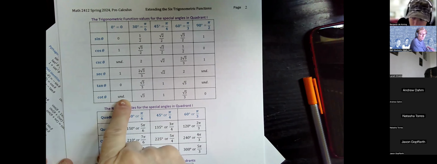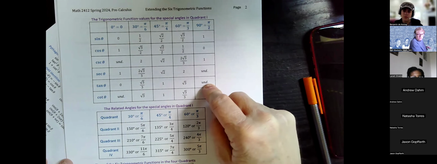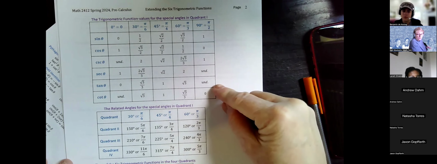Cotangent, because cotangent is cosine over sine. So it also is undefined at 0. The secant and the tangent are undefined at pi over 2, because at pi over 2, the cosine is 0, and both of these have cosine in their denominators.